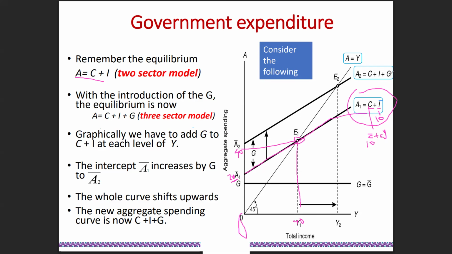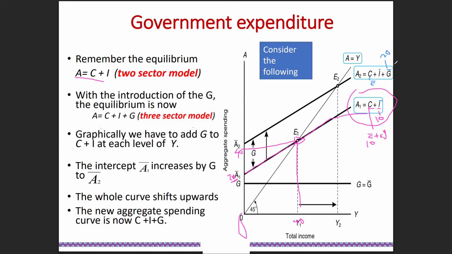So now we introduced the government, right? We know that this one is autonomous. We also know that the government is autonomous because it's a political issue. And also here we have that autonomous consumer, C bar. Right. So our graph is going to increase because, let's say, obviously this was 10 and now maybe the government expenditure is 20.